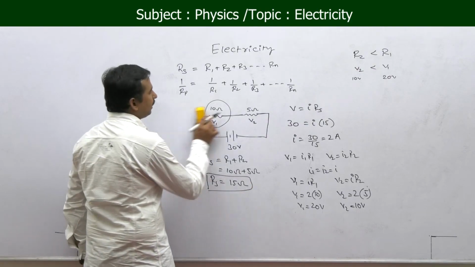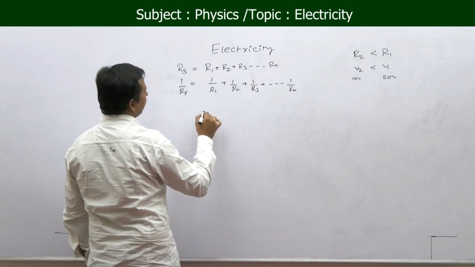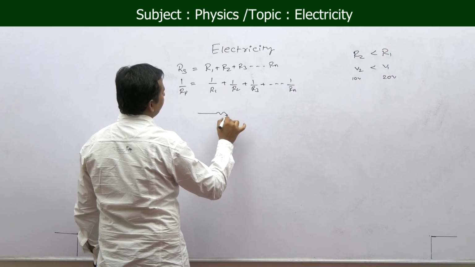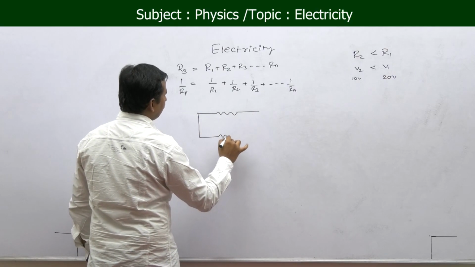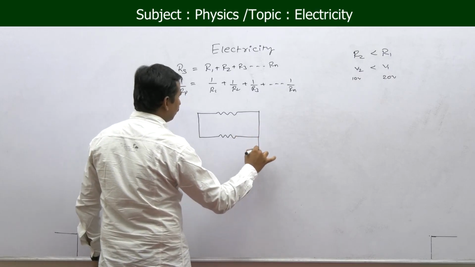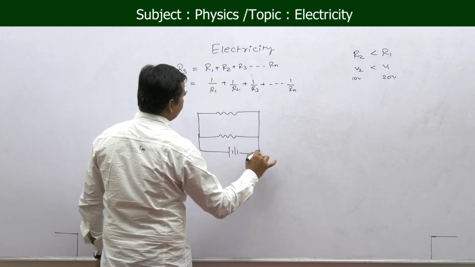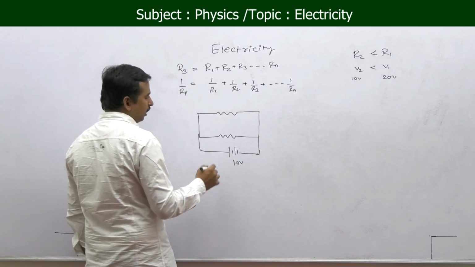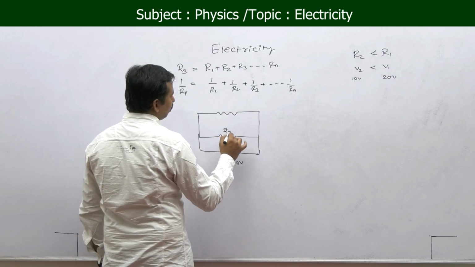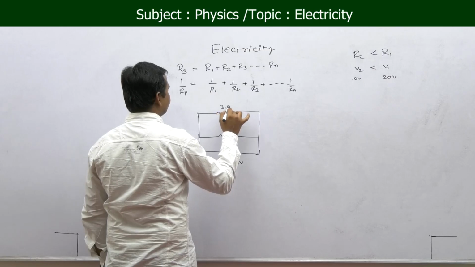For example, in the case of parallel connection, let us take resistance 1 and 2 and a battery of 10 volts, and let us suppose 2 ohms is the first resistance and 3 ohms is the second resistance.